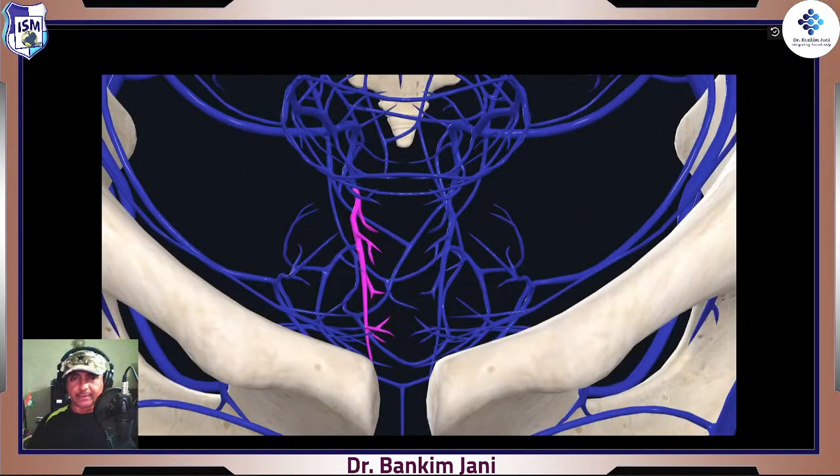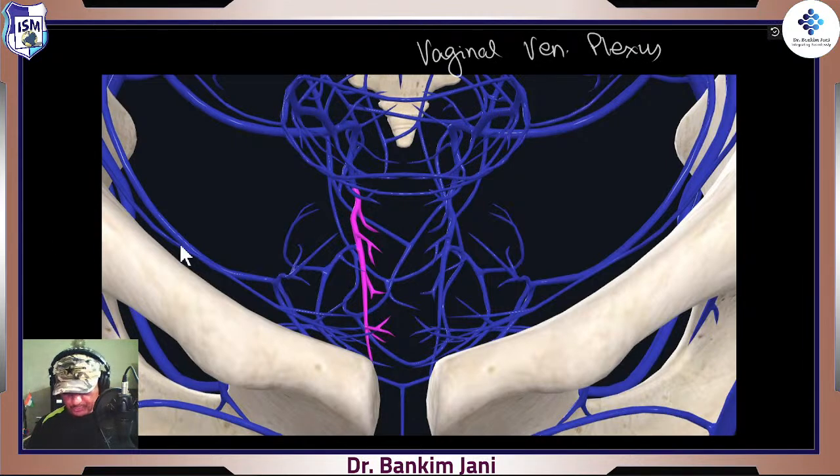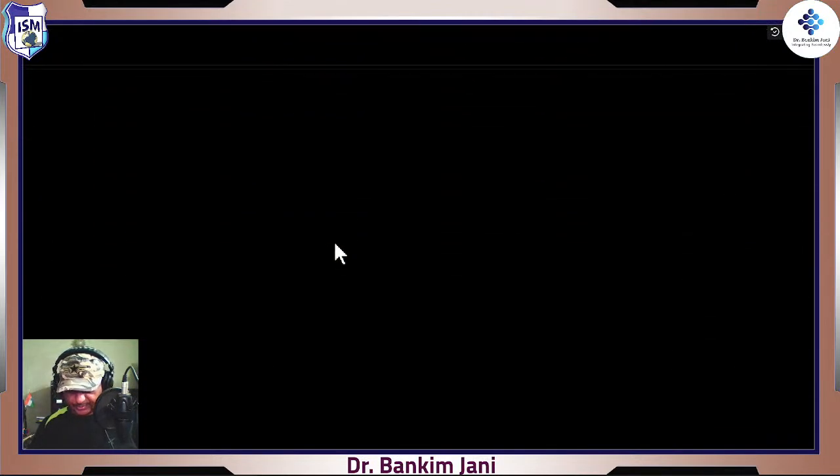Yeah. And this one is the vaginal venous plexus. So that's how they are arranged.